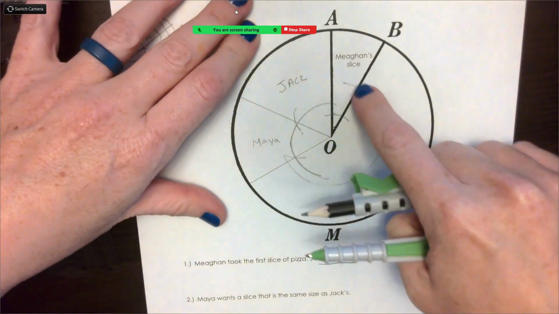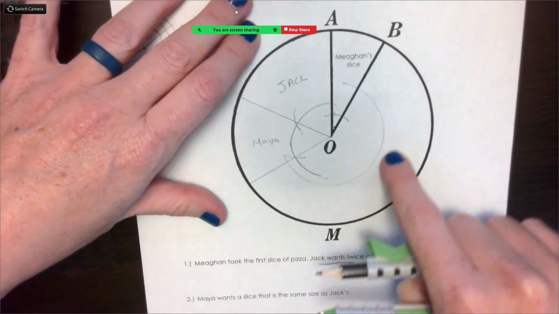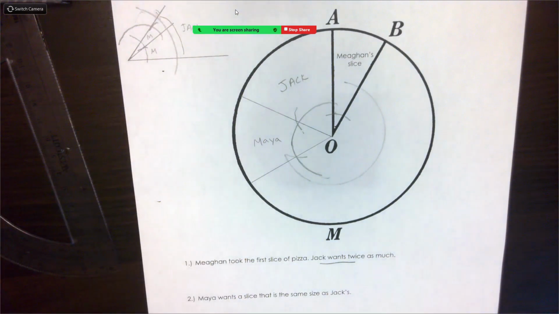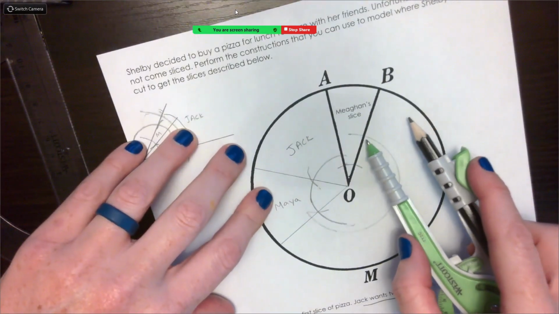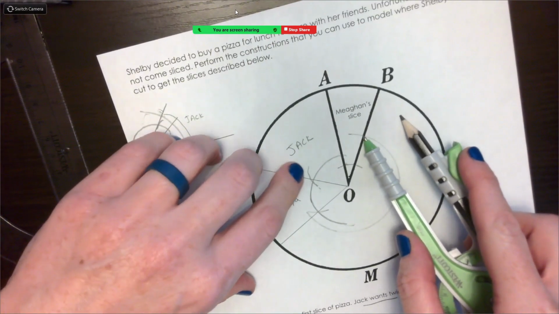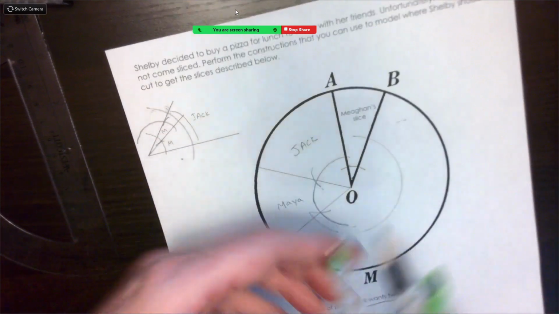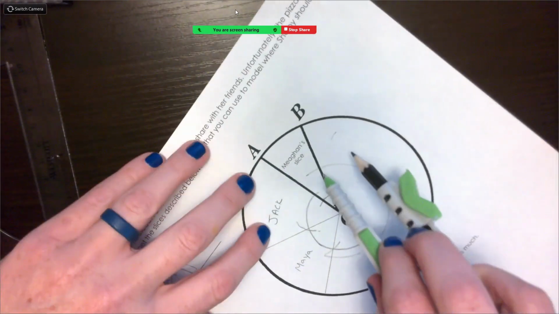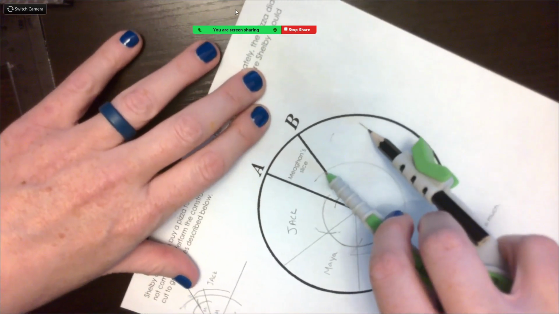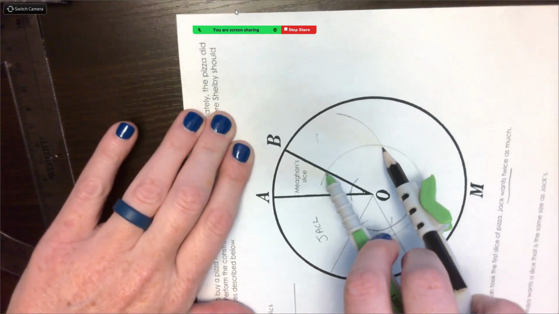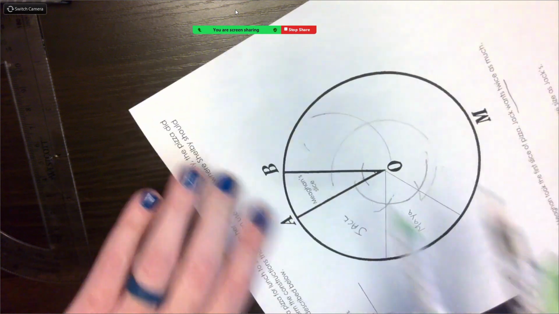Okay, and you'll see that the arc I drew has intersected the edges. Okay. So now what I'm going to go ahead and do is I'm going to make my arc just a little bit bigger. Okay, but I'm going to start where our arc intersected the edge of the pizza. There we go. Okay.